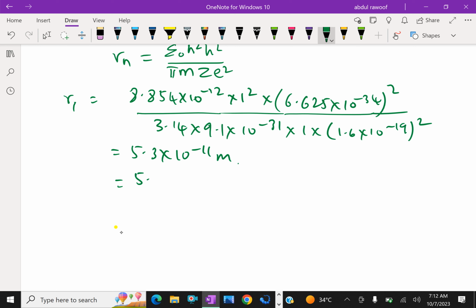Consider this as 0.53 into 10 power minus 10, which is equal to 0.53 angstrom unit. 1 angstrom unit, you know that 10 power minus 10.